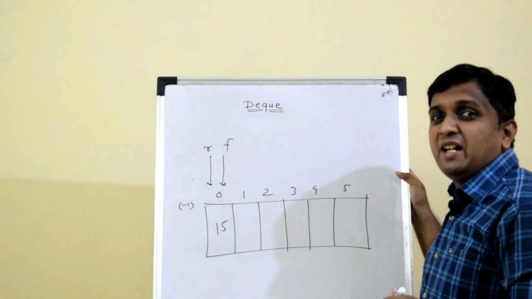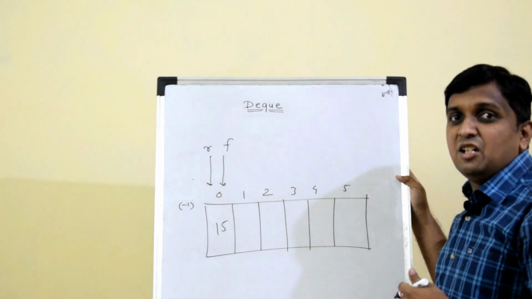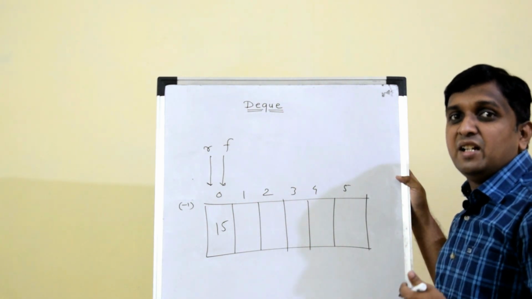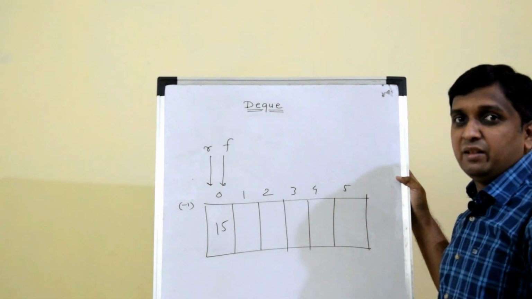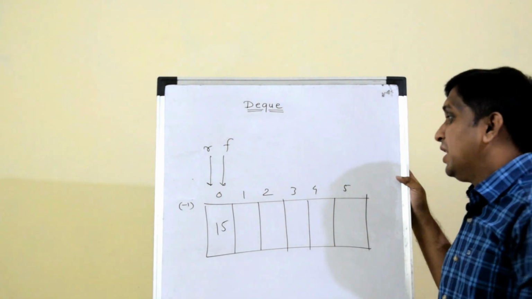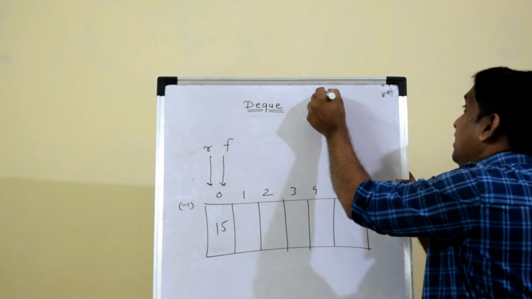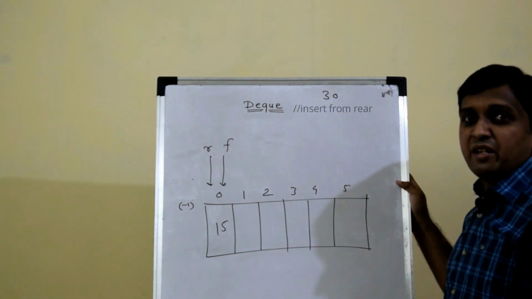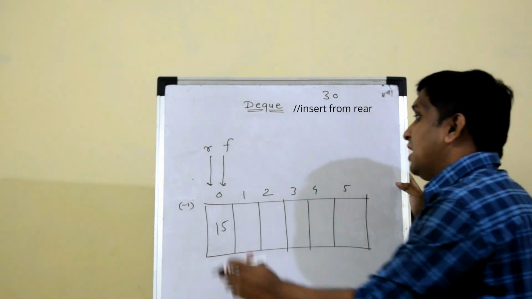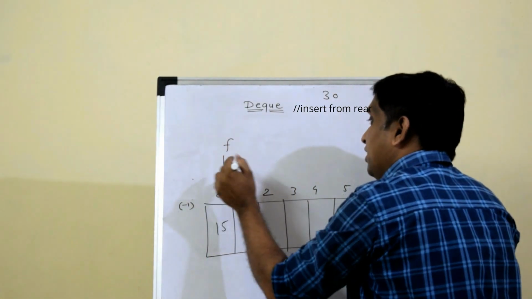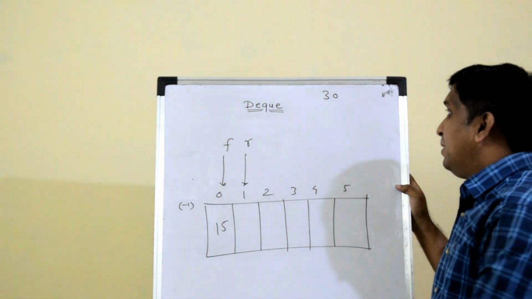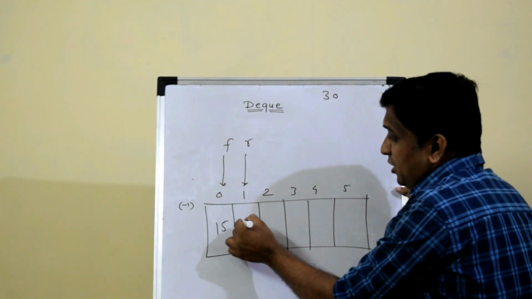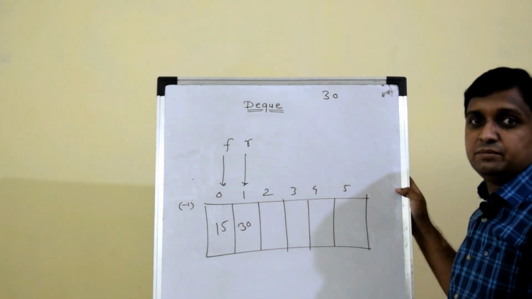Now from second element onwards, the algorithm will be different for insert rear and insert front, or remove rear or remove front. So suppose I insert the next element, which is 30, and I insert this element from the rear end. So in that case first I will increment the rear pointer, so R will come here, and then I will store the element at incremented index. So element is stored here.